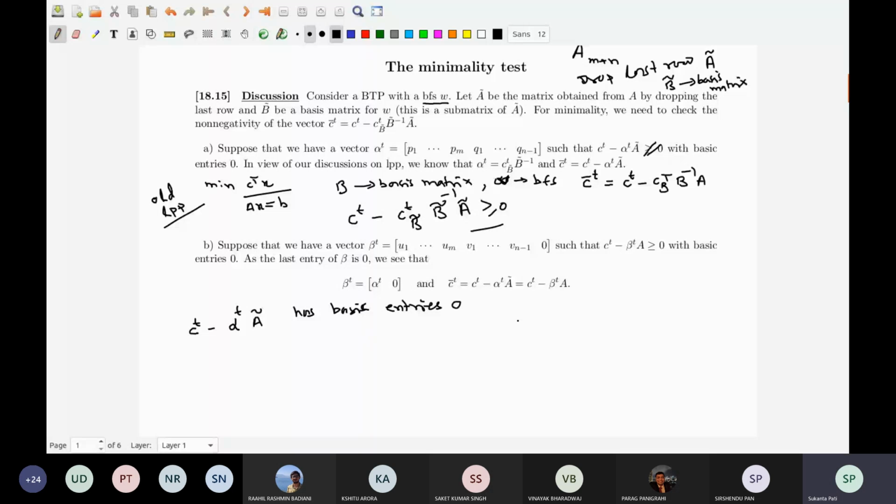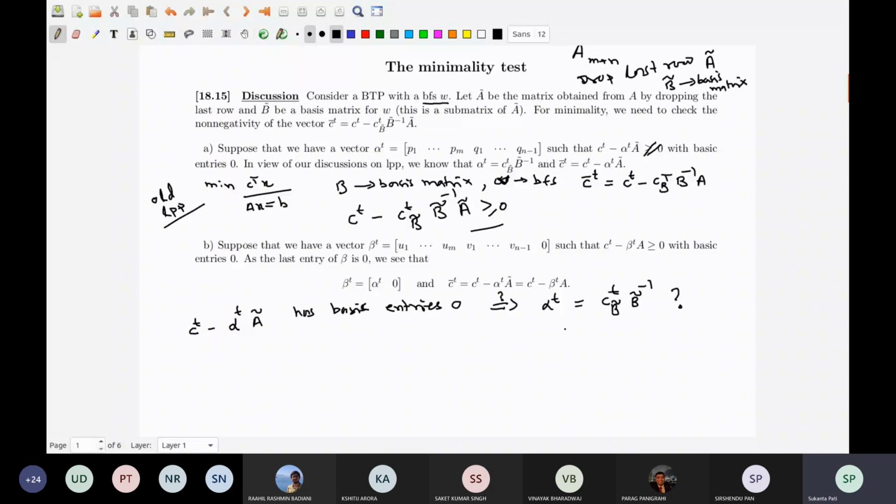Does this imply, will it always imply, that alpha transpose is equal to CB tilde transpose B tilde inverse? Is it true? Now the answer is yes. And this argument we have already seen.